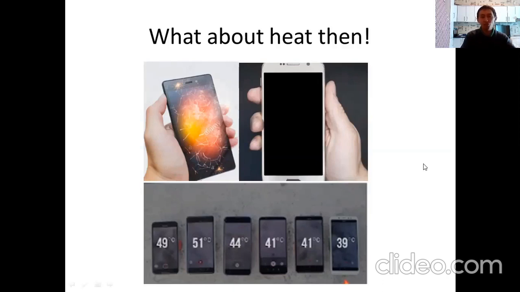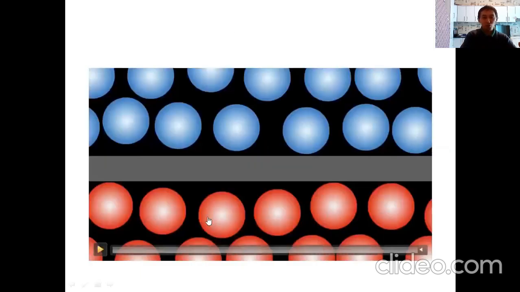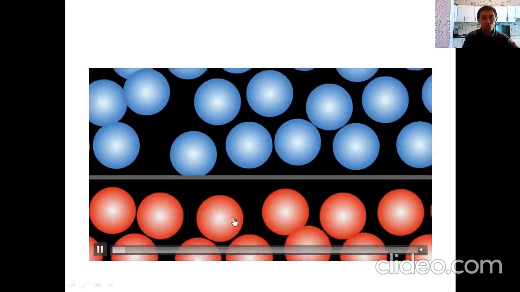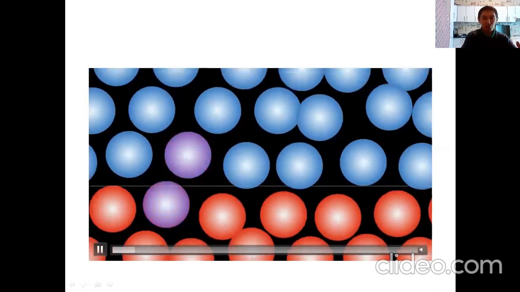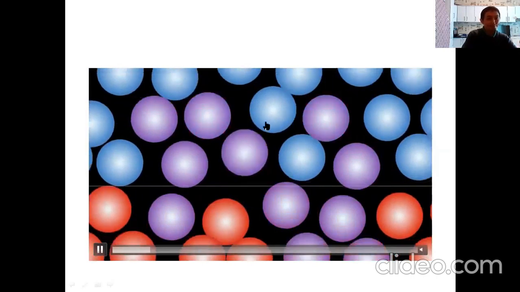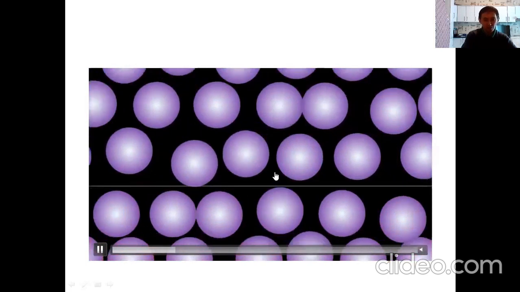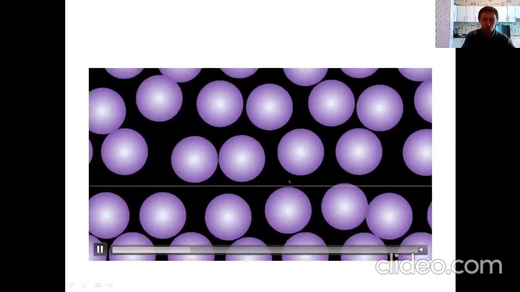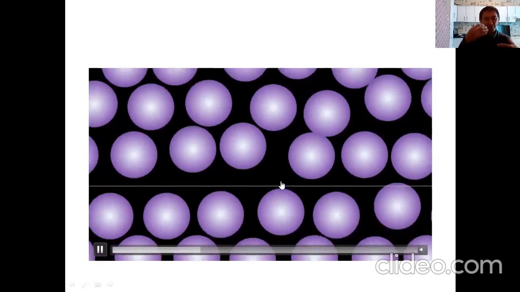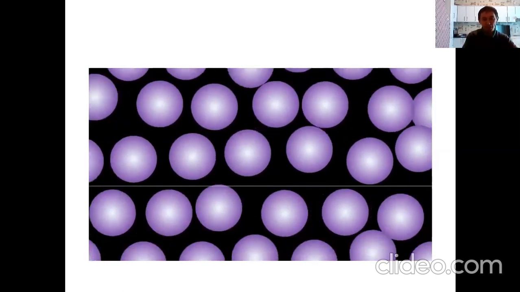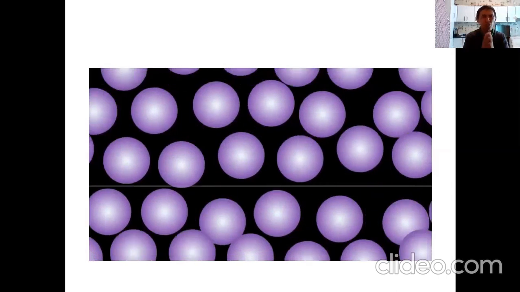So imagine your body temperature is 36. What happens when you're holding the mobile phone and playing the game? The red ones are the molecules on the surface of your hand. The blue ones are the molecules on the surface of the mobile phone, and this new one, the violet molecules, is the new temperature due to the touching.